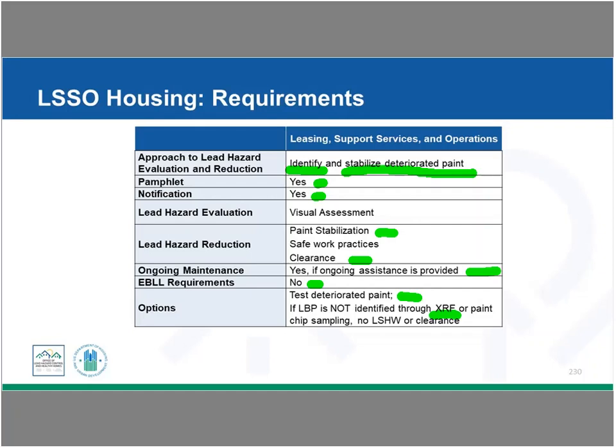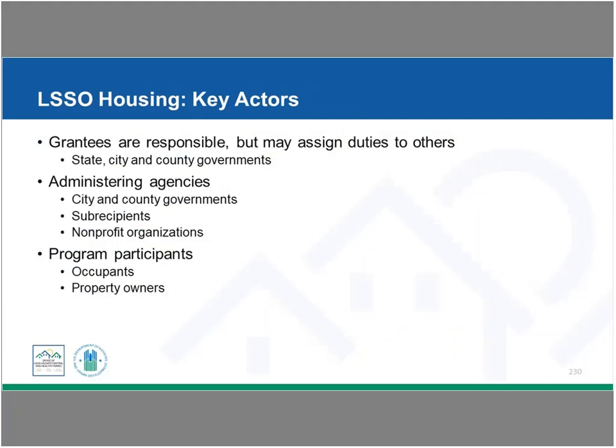So if we determine that that paint is not lead paint, then we do not have to do the lead-safe work practices, but we could do dry scraping of non-lead paint. We would not be required to have a clearance test. So that's always an option on determining whether I'm going to just go off the visual assessment and deal with all of my deteriorated paint, or maybe I'm going to test on that.